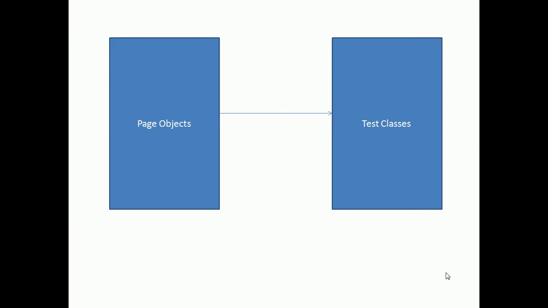So the automation testers, if they don't have knowledge on Java, only preliminary knowledge on Java is required in order to write test cases for page object model, since the page objects are already created for the testers by the automation developer.